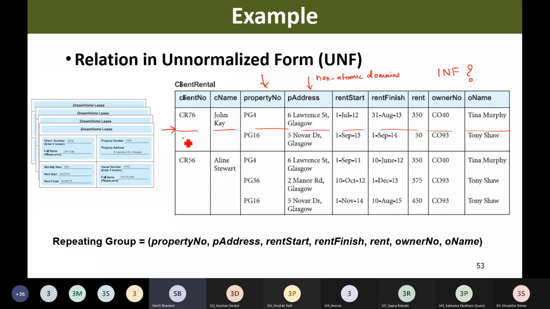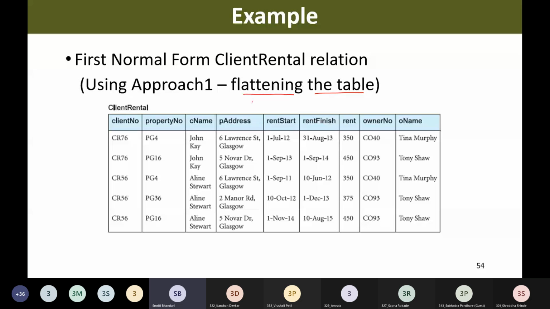And if we treat these as two separate rows, we simply repeat here this client number and this client name. And this one row is now converted into two different rows.